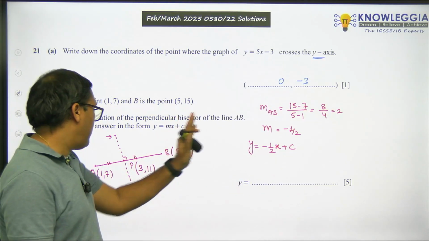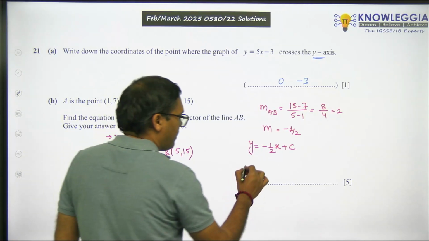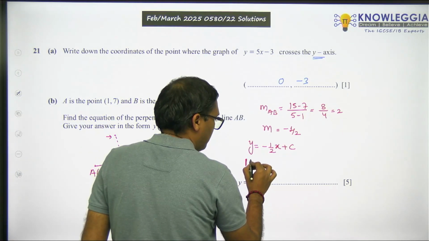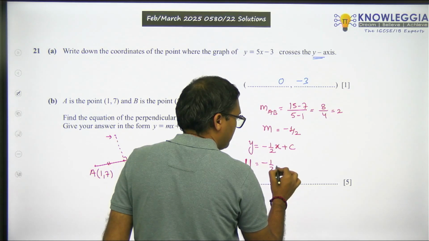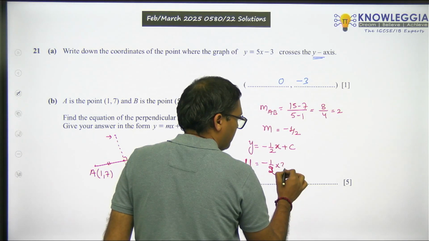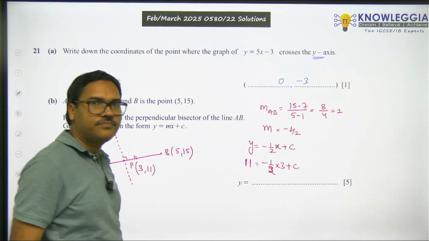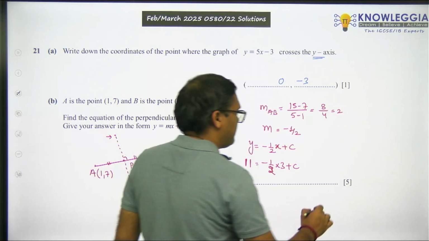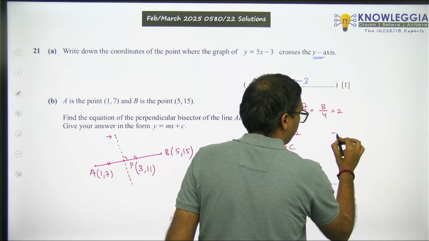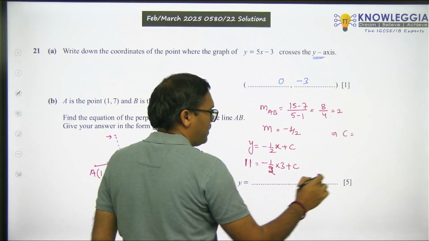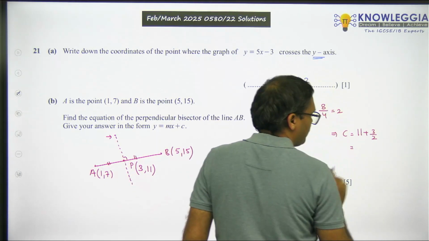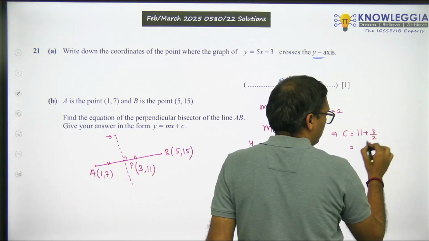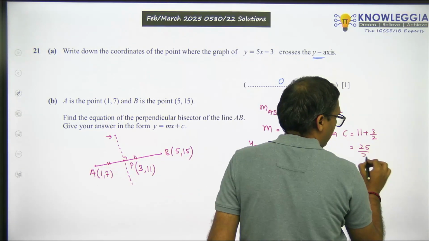So if I put 3 comma 11 here, y is 11 and x is 3. I can arrange this, c will be equal to 11 plus 3 by 2, which you can easily see is 22 by 2 plus 3 by 2. So this will become 25 by 2.